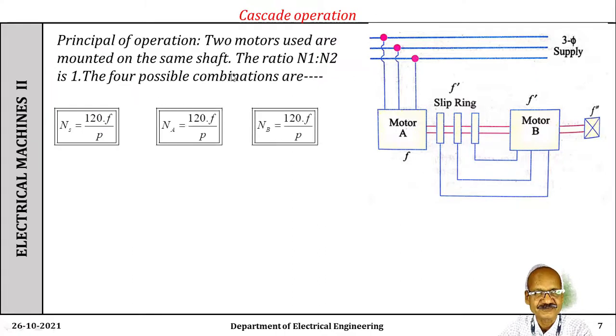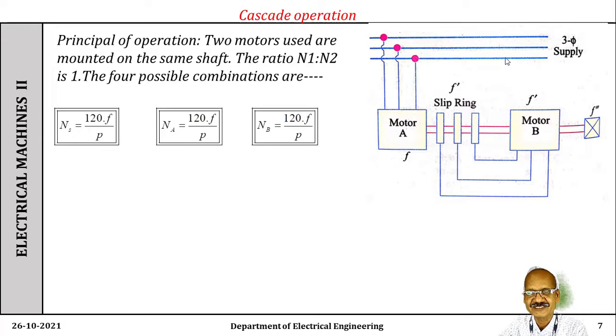The 4 possible combinations are: motor A working independently, so NS is 120 F upon P as usual, so NA equals 120 F upon P. Now motor B can be used independently with only feeding the supply from the grid. So these are the 2 possible combinations.